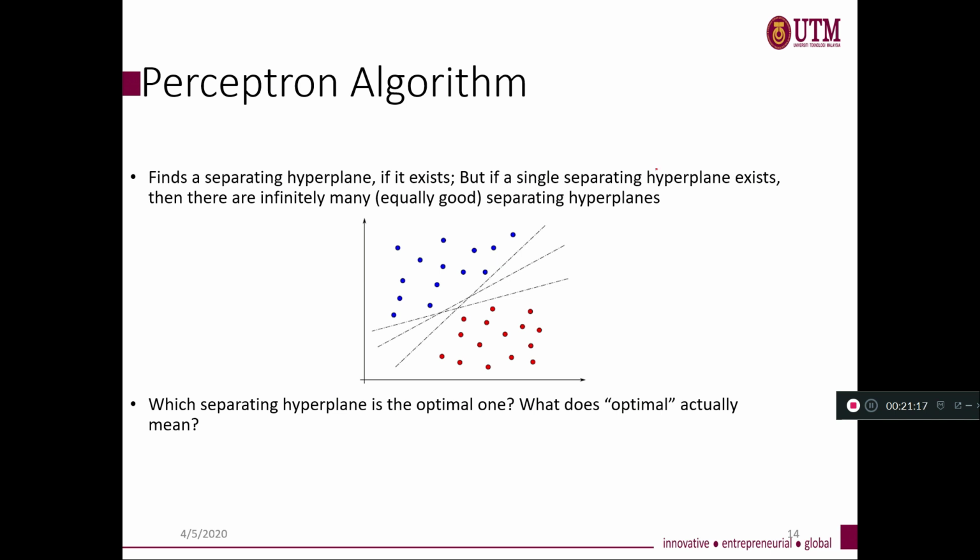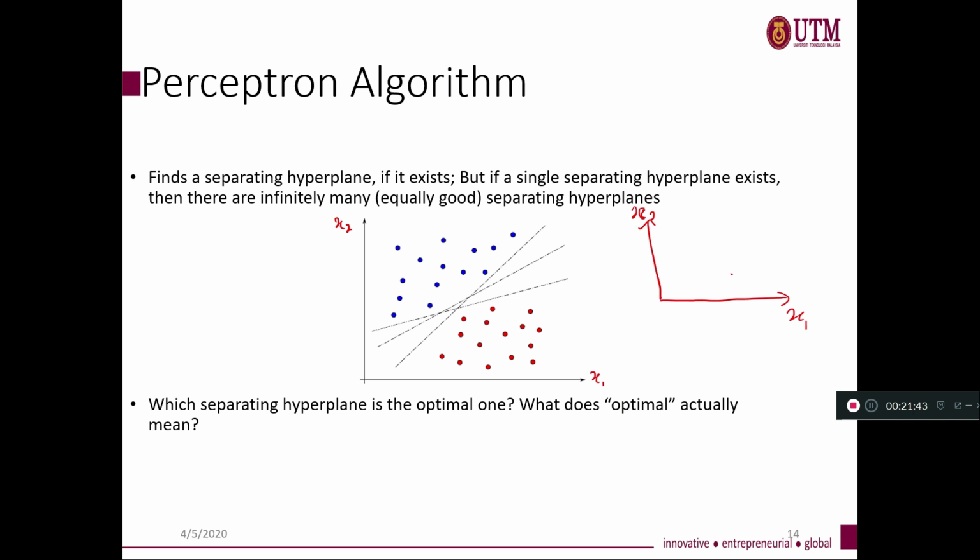It's something like this. Just remember this one is x1 and this one is x2. So let's say I have x1, I have x2, and I just put some labels like this.